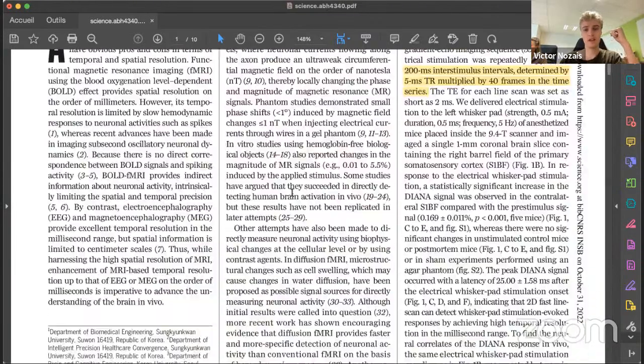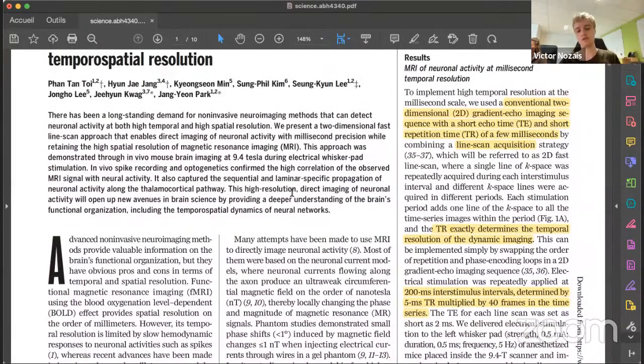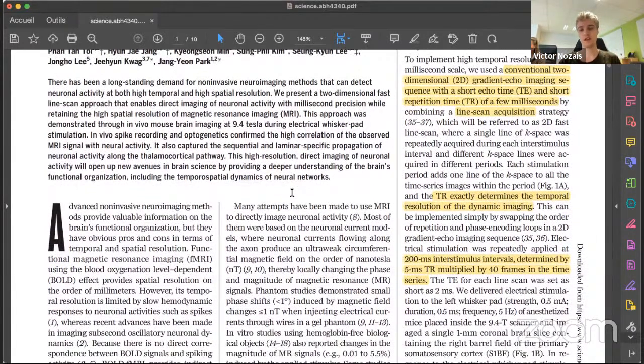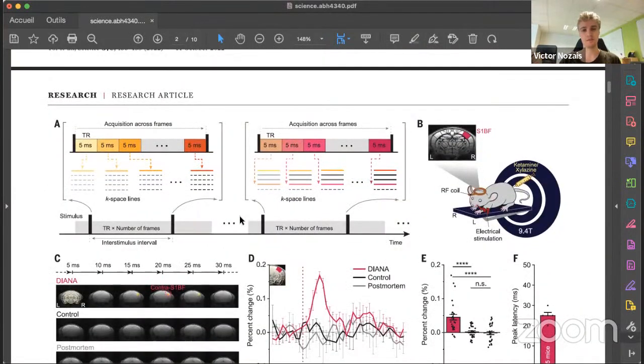So they scan mice, and there are a few things that they did to try to reduce the time between each scan. First, they do a 2D scan. Basically, they just scan a slice of the brain instead of the whole volume, which helps obviously. But they also designed a clever scanning procedure.